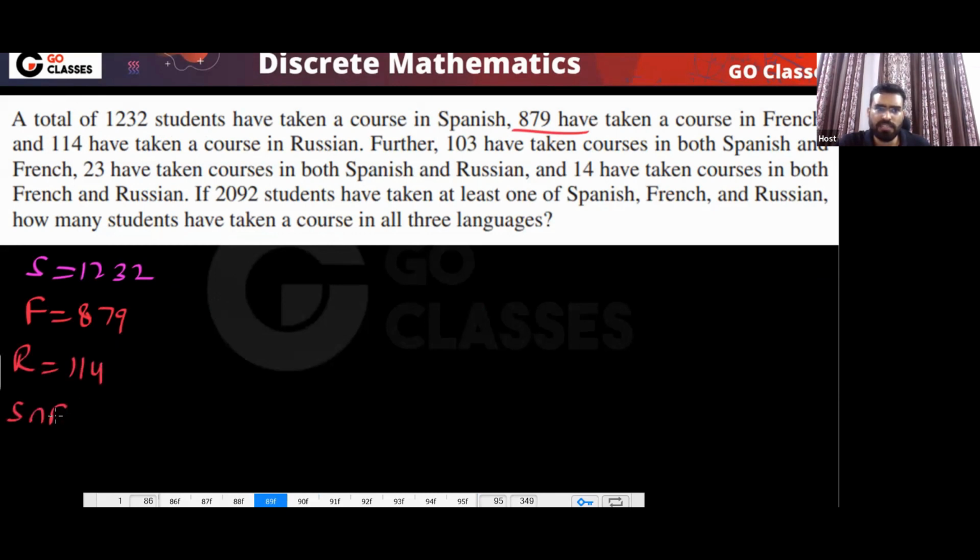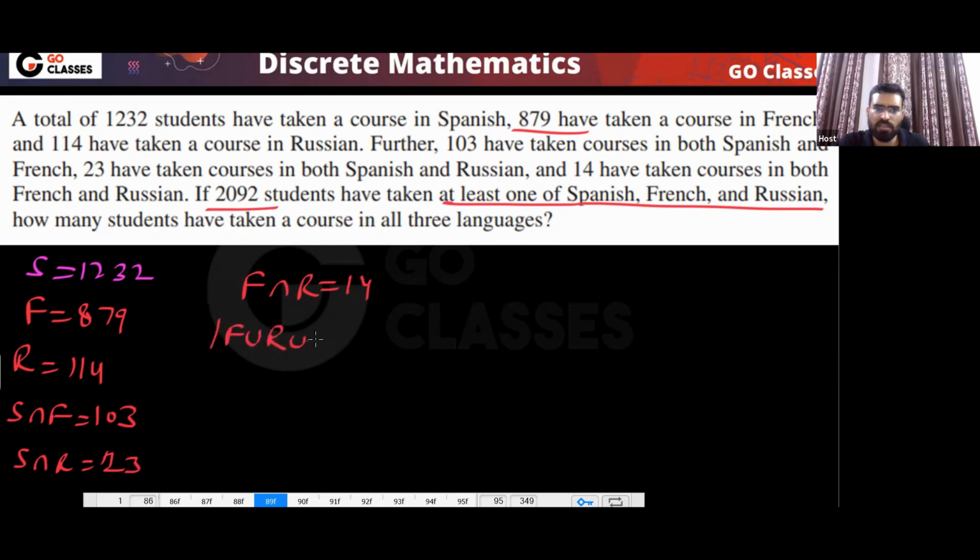Spanish and French is taken by 103, Spanish and Russian by 23, and French and Russian by 14. And this many students have taken at least one of these courses, so French union Russian union Spanish is 2092. This is given to you.